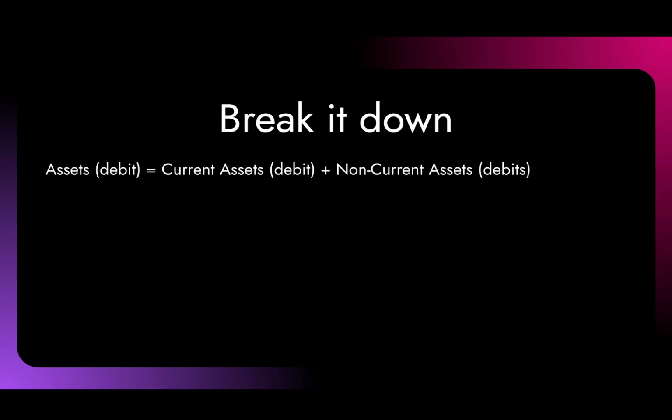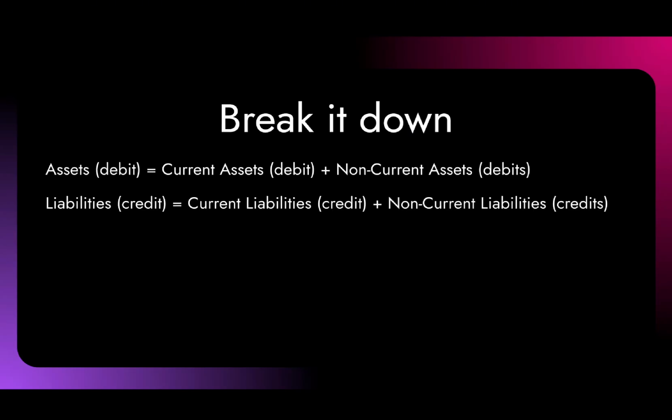For instance, a building. Liabilities can also be transformed into current liabilities and non-current liabilities. Current liabilities are ones that are due, let's say, in the next 30 days, or at most within a year. And non-current liabilities are more long-term, such as, for instance, leases, and can last over many years.